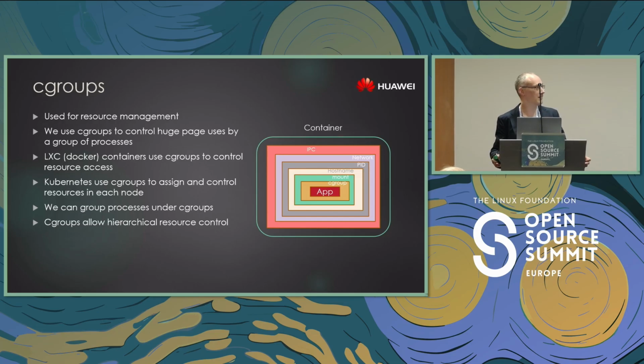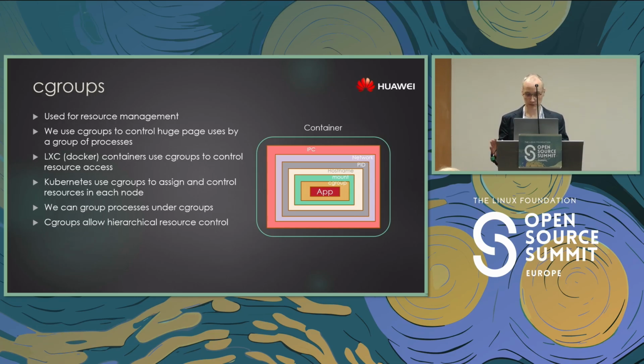What you see is that just the inner yellow part is the C group, between the application and the other namespaces. That's actually how Kubernetes and Docker work. They use C groups to limit the amount of memory and processors that can be used by a particular container and so on.